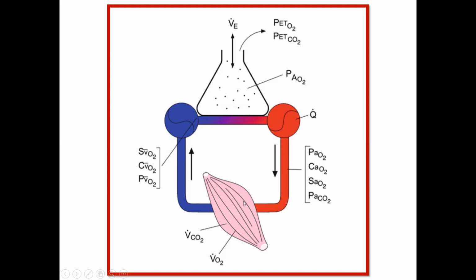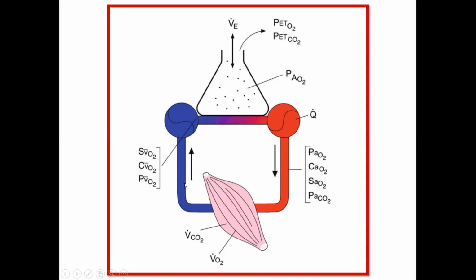Oxygenated blood will get into the skeletal muscles, but here it has to be taken up in order to be utilized for production of energy. That's what we call VO2, or oxygen uptake. As a result of oxygen uptake, metabolism, and energy production, your byproduct is CO2. Carbon dioxide is produced, and VCO2 represents CO2 production.